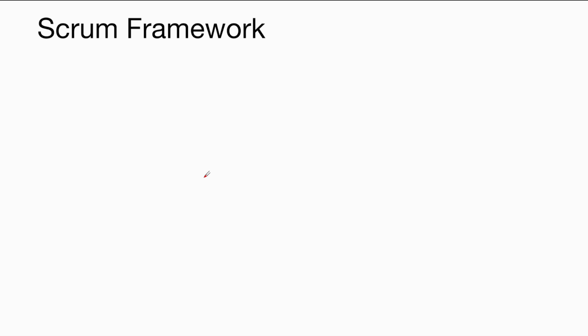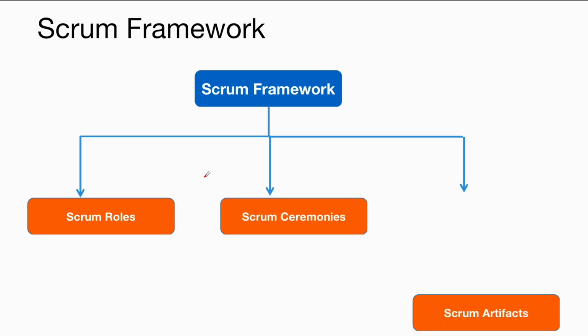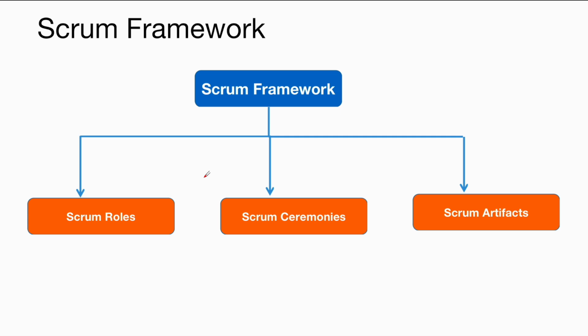In the Scrum framework, there are three important things to consider. One is Scrum roles, the second is Scrum ceremonies, and the third is Scrum artifacts. Scrum is like a team sport that helps software developers work together efficiently, build software quickly, and make improvements based on feedback.